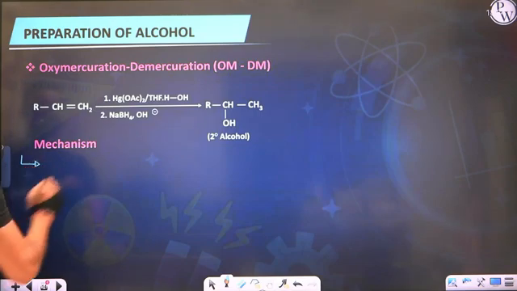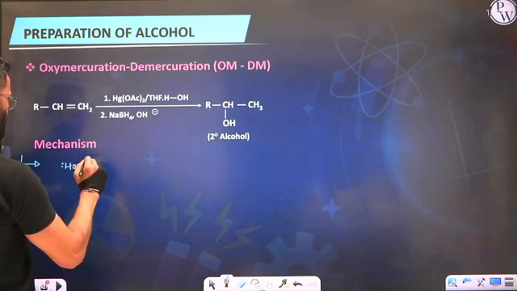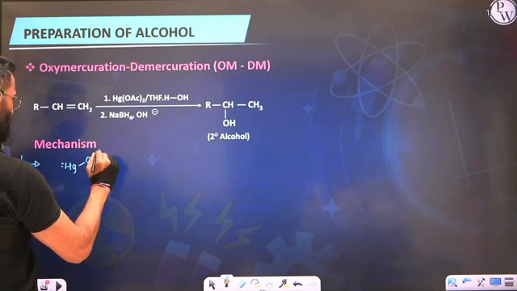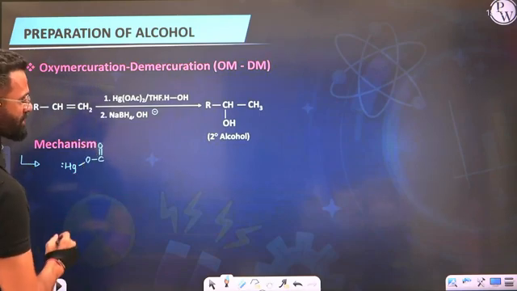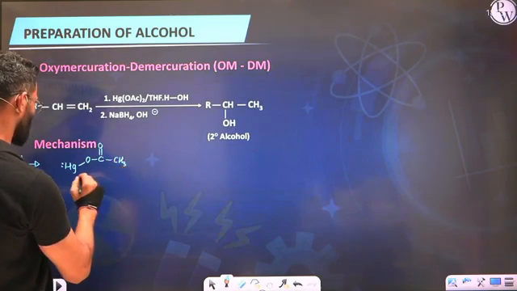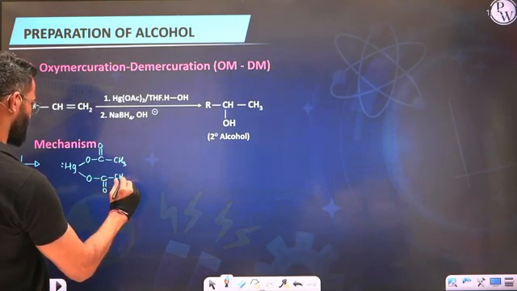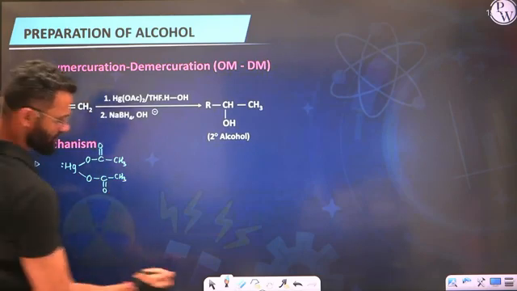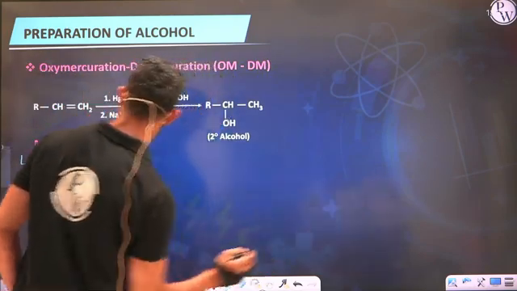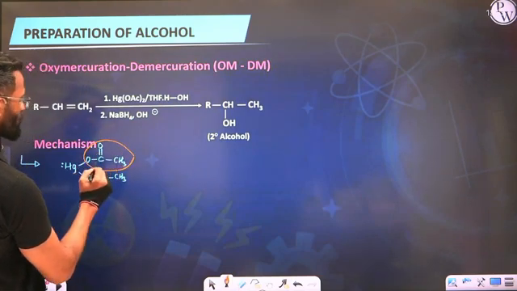we have mercuric acetate which I am representing like this. This is how structurally mercuric acetate looks like. If you observe this part carefully, it's a conjugate base of acetic acid.